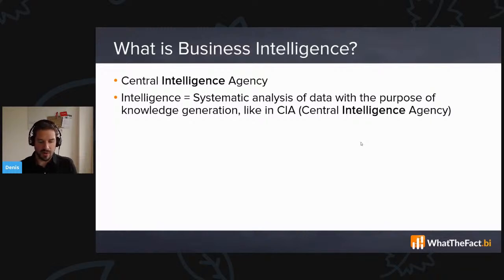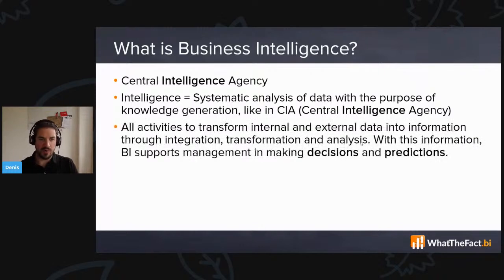The definition of business intelligence is a little different, but very close. By business intelligence, we understand all activities to transform data into information through integration, transformation, and analysis. So all data that we have, internal data, external data, whatever we can get, we want to transform into information.